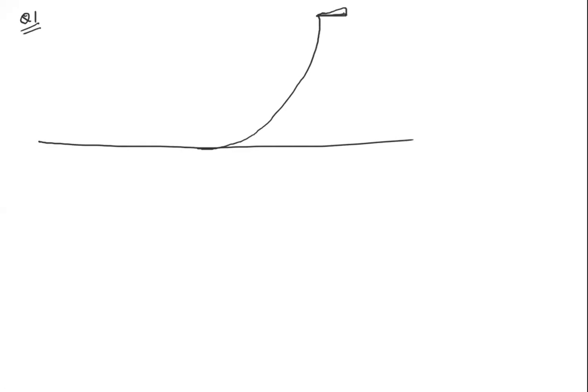So we have a wedge of mass M and a block of mass m. It's moving with velocity v naught. The wedge has a circular cross section of radius R. No friction is there anywhere.